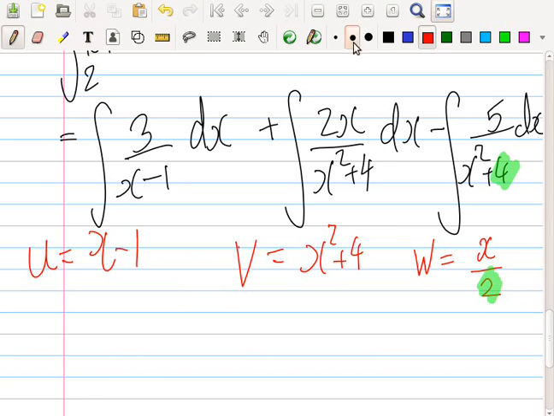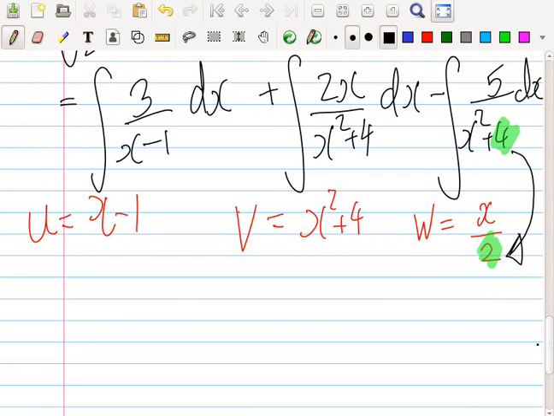Now, in a moment, you'll see why that helps me. The reason I'm doing that is because this will make this turn into my tan inverse, which I'll want. But anyways, firstly I need my du dx.